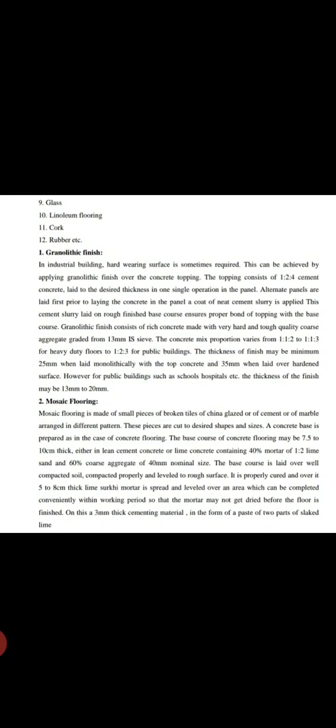It is laid to the desired thickness in one single operation in panels. Alternate panels are laid first. Prior to laying the concrete in the panel, a coat of neat cement slurry is applied. This cement slurry is laid on a rough finished base course, to ensure proper bond of the topping with the base course.